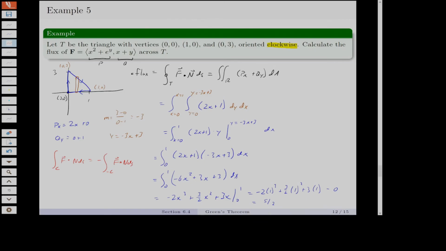So maybe backing up a second, the flux is this integral over T of F dot n ds, which is the opposite of the integral over -T. And so then we just carry that negative with me the whole way down, and we get -5/2.